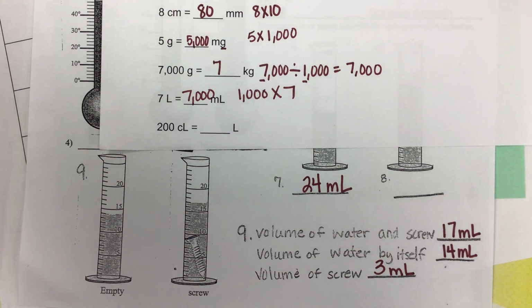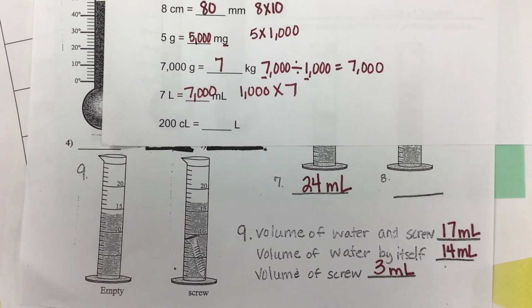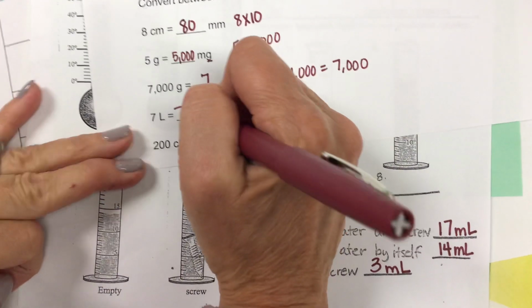How many centiliters are in a liter? 100. How many centigrams are in a gram? 100. Okay, so how many centiliters does 200 centiliters make? If there's 100 in 1 liter, then 200 is 2 liters.